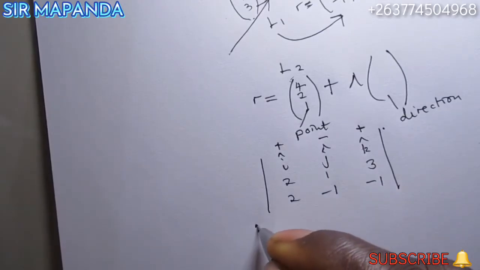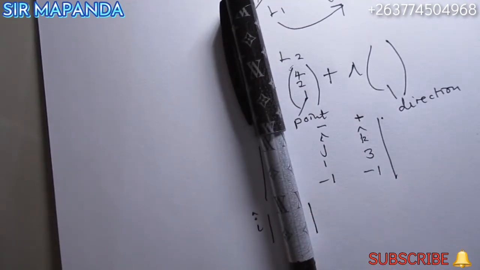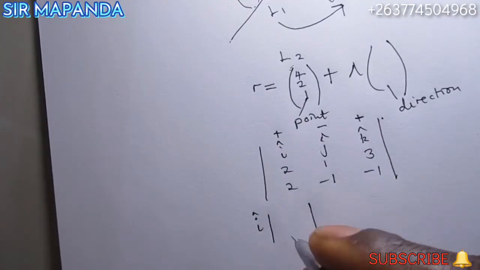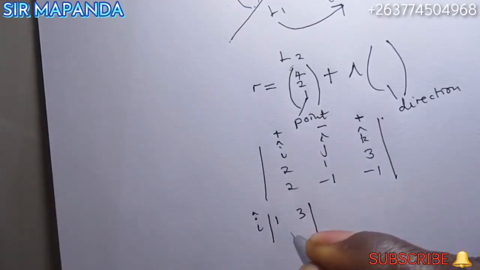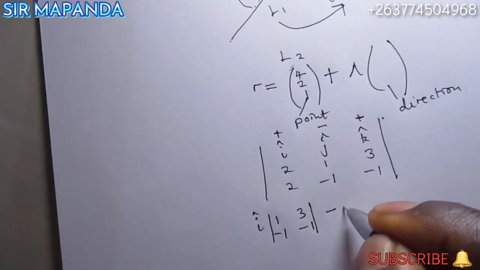So i is going to be multiplied by a 2 by 2 matrix of numbers in the second row and third row, which are not aligned to i. And those numbers are 1, 3, -1, -1. So you write 1, 3, -1, -1. Then you put minus j.